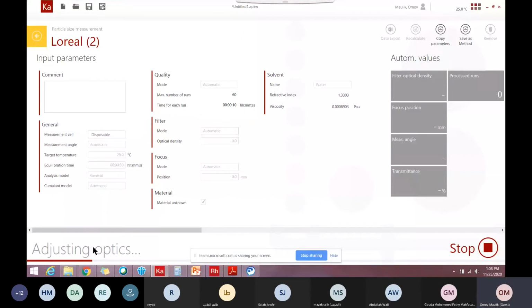Now it is focusing, meaning adjusting optics, and after adjustment of the optics, it will automatically start the measurement.